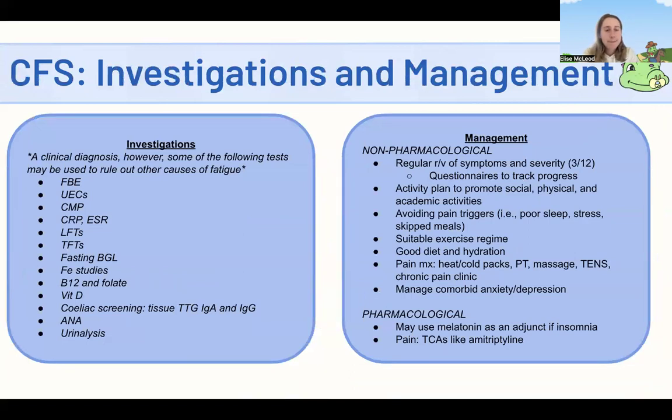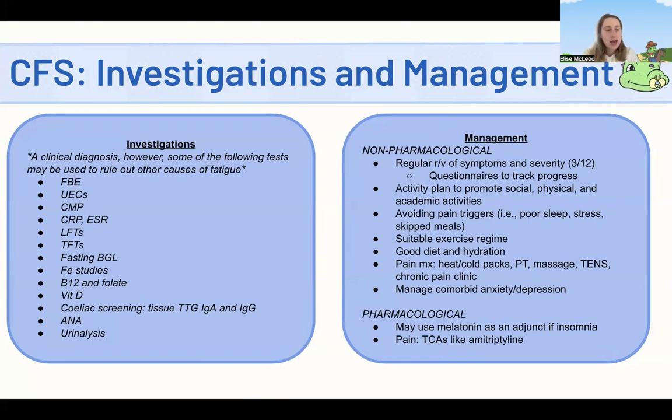Investigations, it's usually a clinical diagnosis, but as we spoke about, to rule out some of the other causes of fatigue, you might perform some of these bloods, things like FBE and iron studies to look for iron deficiency, thyroid function tests to look for a thyroid picture, CRP, ESR, looking for some sort of chronic inflammatory autoimmune conditions potentially.